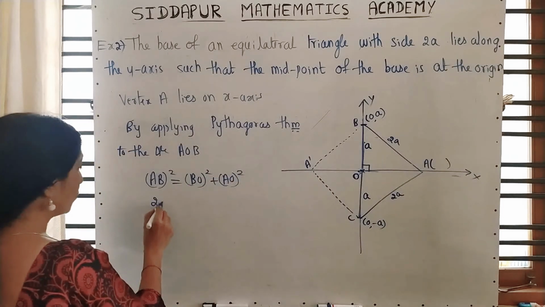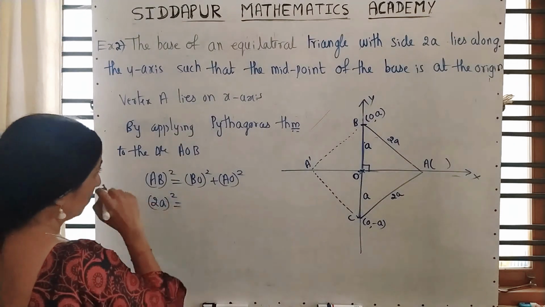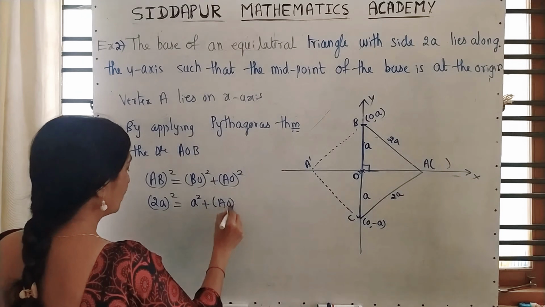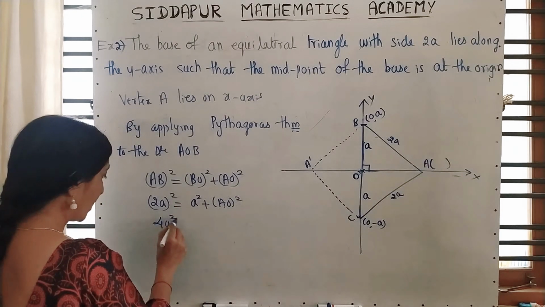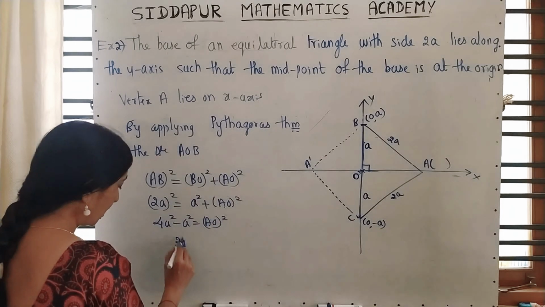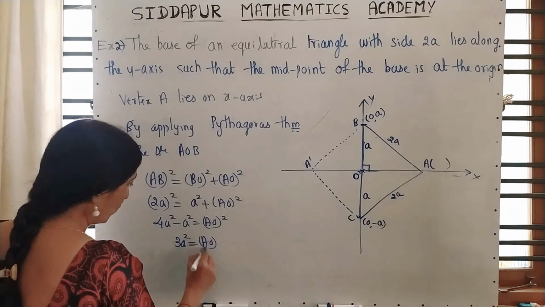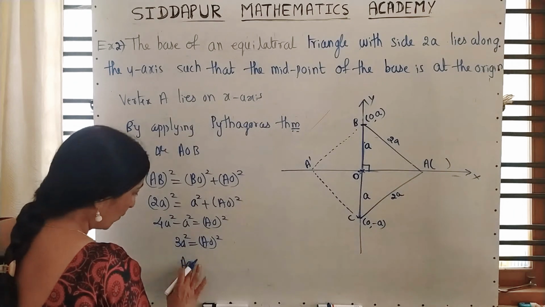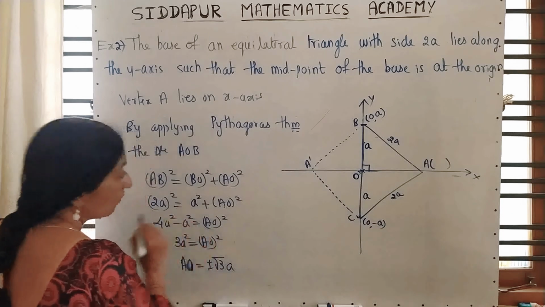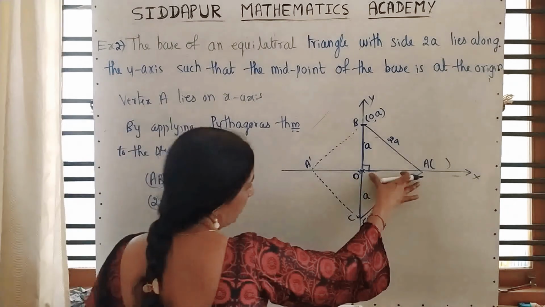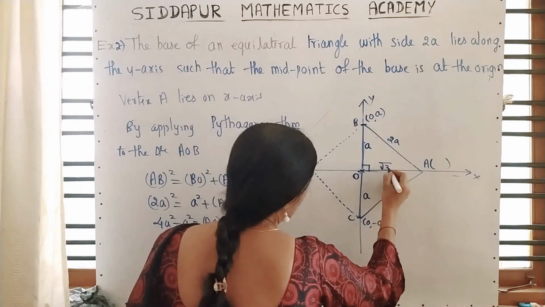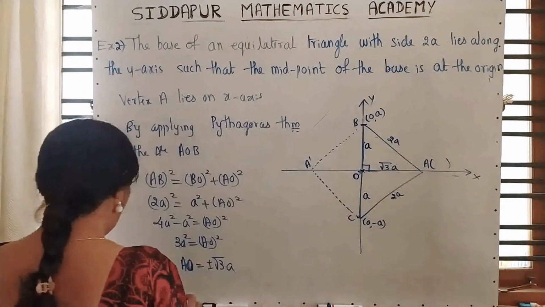AB square is 2a whole square, equal to BO square is a square plus this we don't know. This is 4a square minus a square is AO square. 3a square is equal to AO square. AO is equal to plus or minus root 3 into a. Why am I writing plus or minus? On this side it is positive, on this side it is negative. The meaning is this distance is root 3 into a.